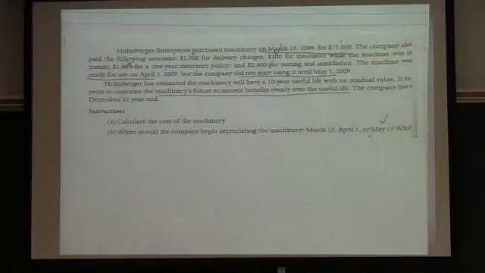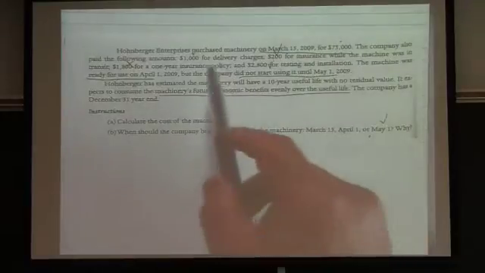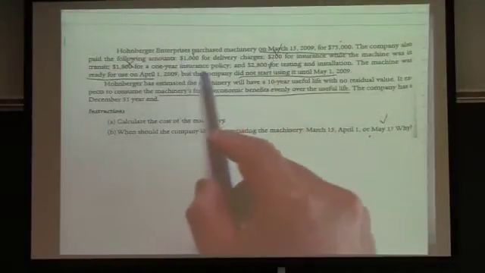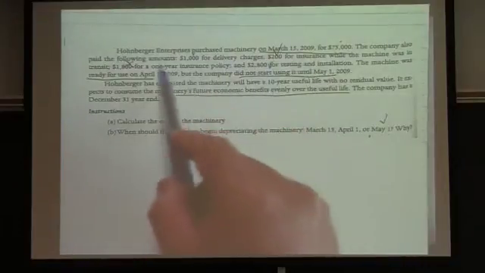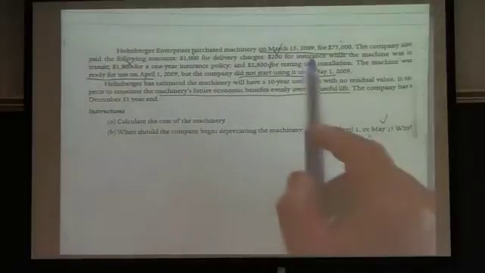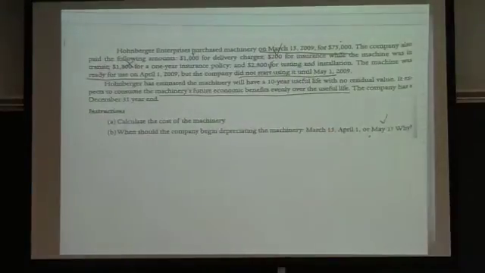And the key thing to remember is if this delivery charge is important or is necessary to get the asset, the machinery, to its intended use or to its location for it to be useful, then we need to include it as part of the cost of the asset.